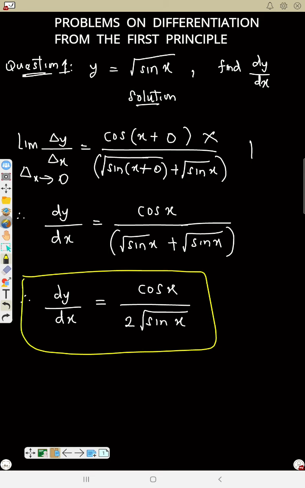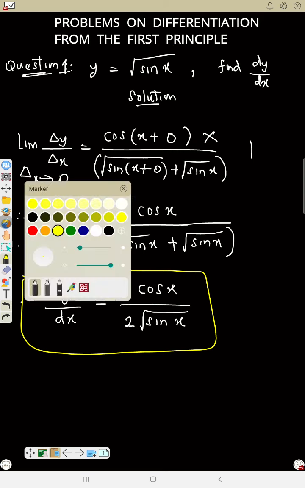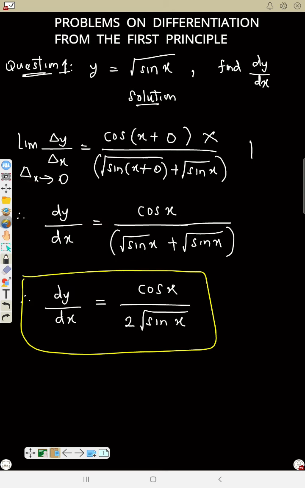So we have true. That means if y is equal to square root of sine s, dy ds is cos s divided by 2 square root of sine s. We can use power rule to do this to confirm. Now I've done this. If you subscribe to my video, you will see differentiation short methods, but this is using first principle.